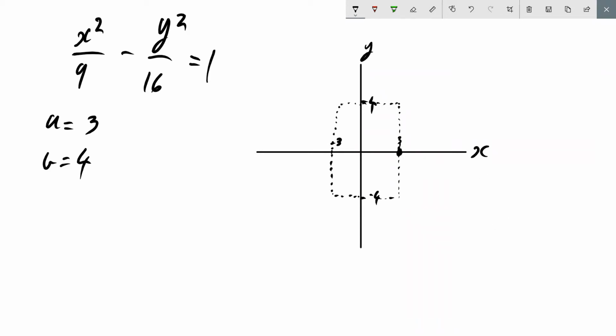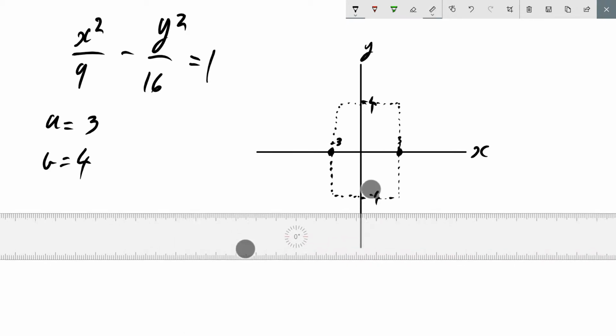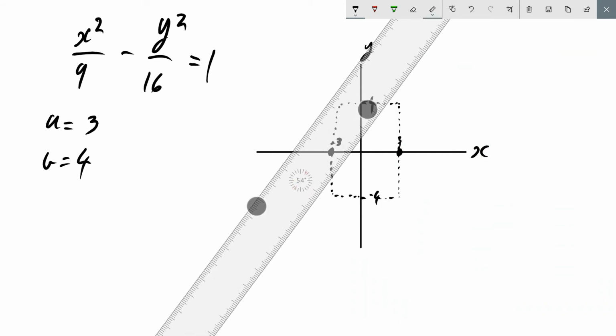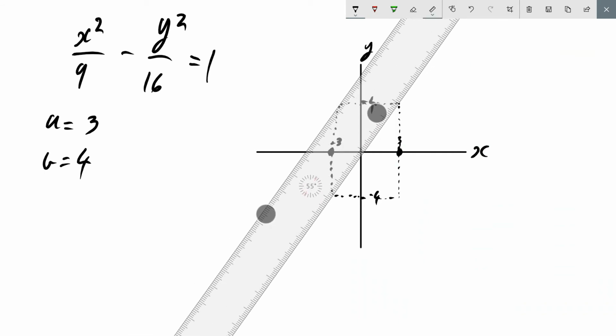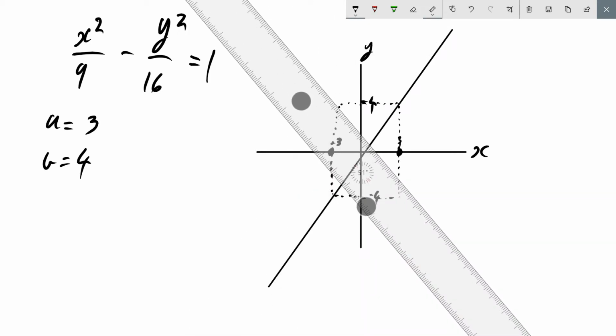Here are the two vertices of my hyperbola, and you can grab your ruler and join the two corners of this box together with a straight line.